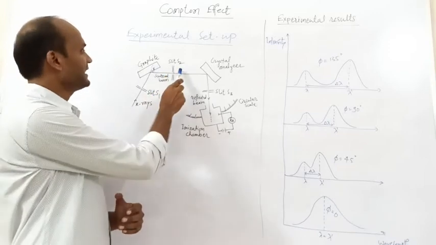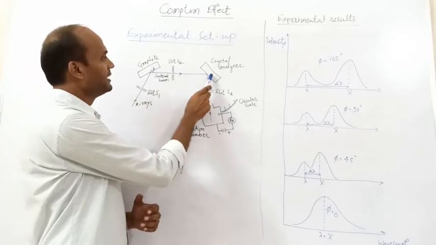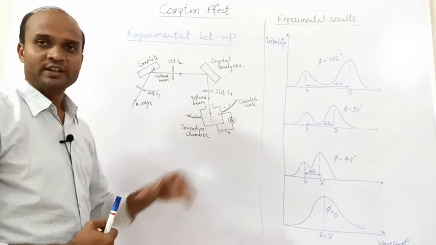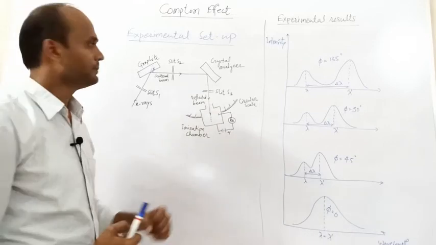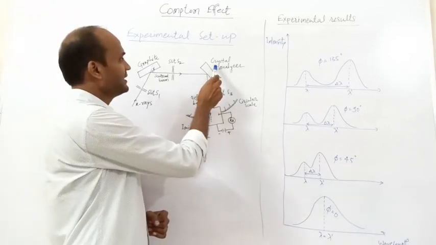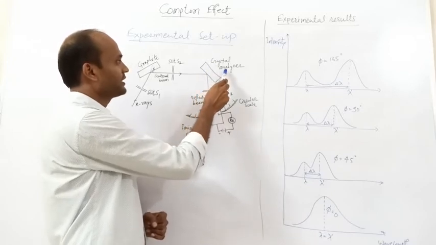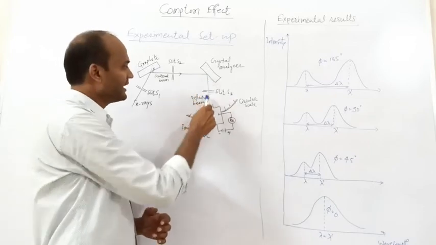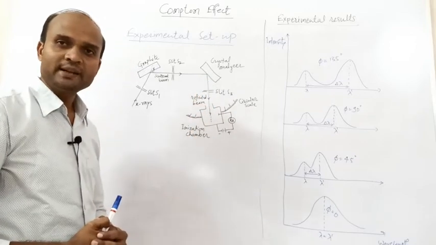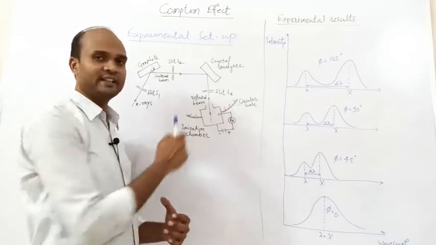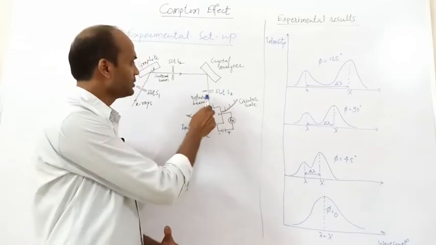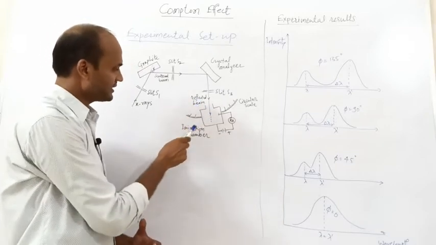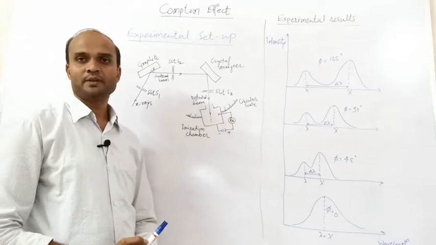After passing through the slit S2, the scattered beam is incident on a crystal analyzer. The crystal analyzer is set at a proper angle, and as soon as the scattered beam is incident on it, the beam gets reflected. Again that reflected beam is allowed to pass through the slit S3, and finally that reflected beam enters an ionization chamber.